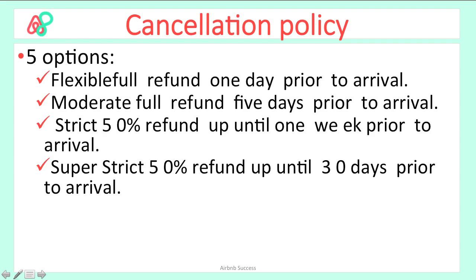And then you got strict, where guests are entitled to a 50% refund up until 1 week before their arrival, and then super strict, where the guests are entitled to a 50% refund up until 30 days before their arrival.